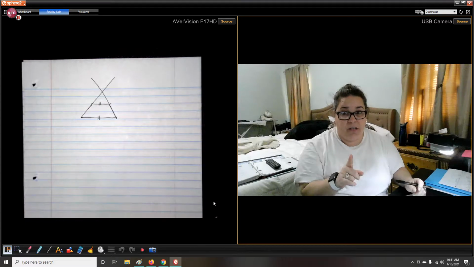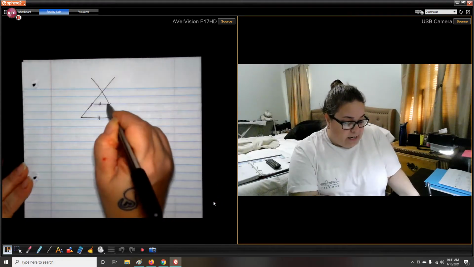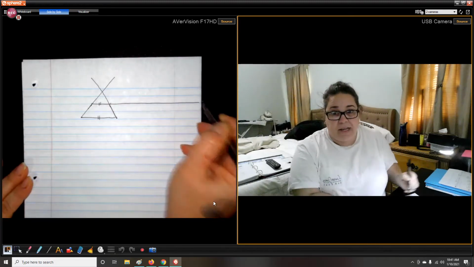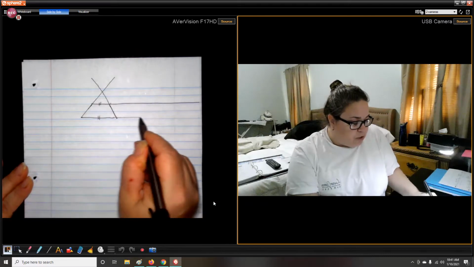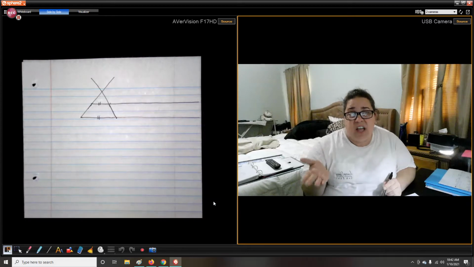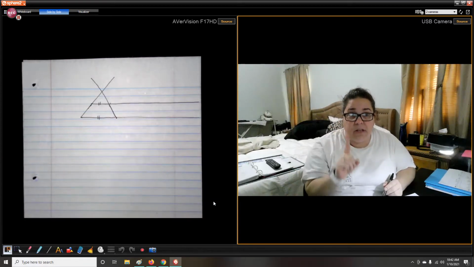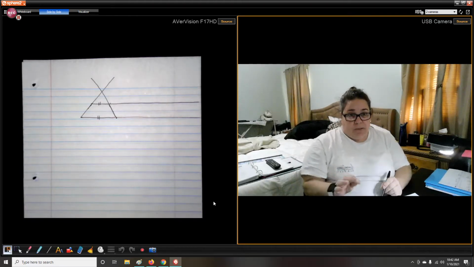That's not parallel. But if I take this line and I continue drawing all the way to the end of my page, and then I take this line and I continue drawing all the way to the end of my page, the lines are still not ever going to touch. So one set of parallel lines. Very important. There's only one set of parallel lines in a trapezoid.